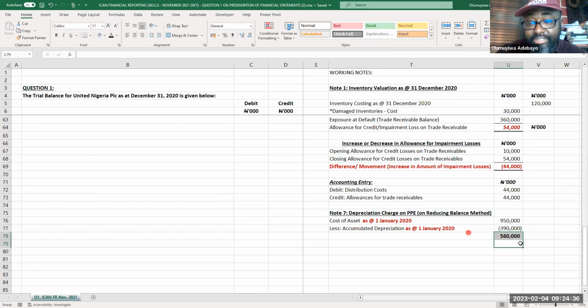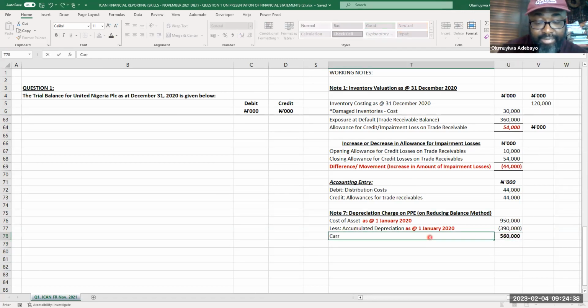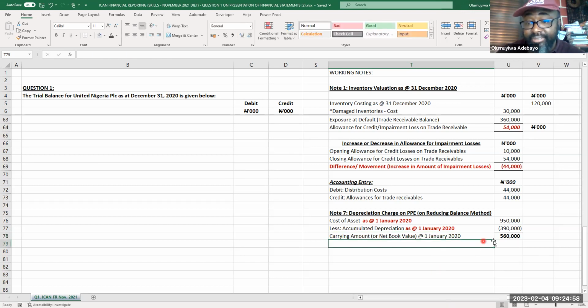This is the carrying amount, or what some people call net book value, as at 1st of January 2020, which was December 2019.